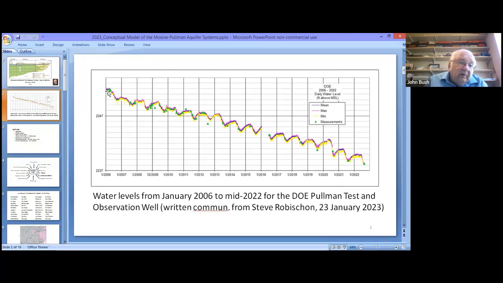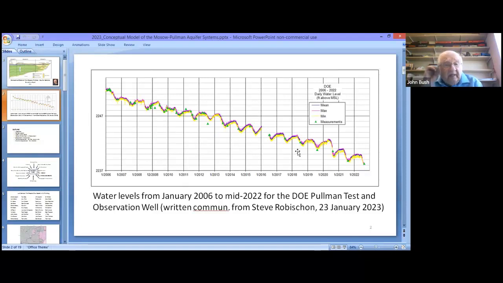If we look back to 2006, our water levels were approximately 2,252 feet, a fairly consistent decline, under 1 foot a year. Getting down to last year, 2022, we have a water level of approximately 2,038.